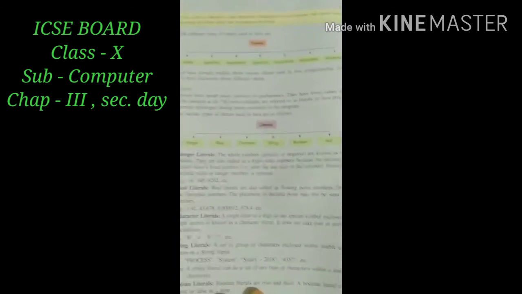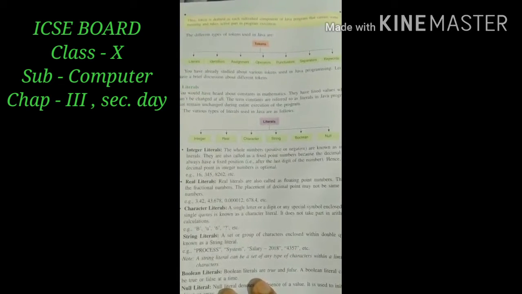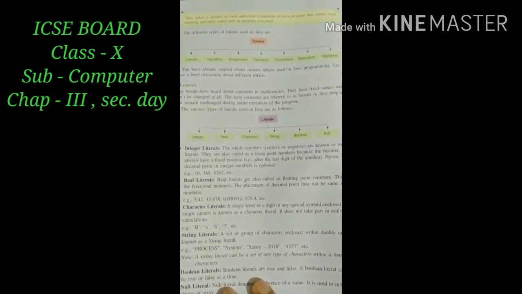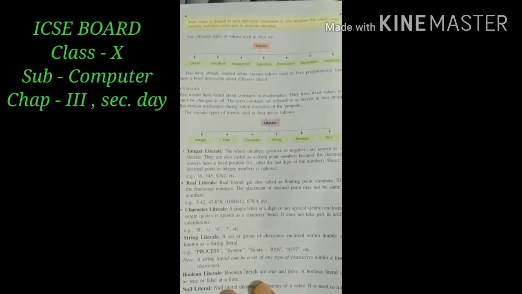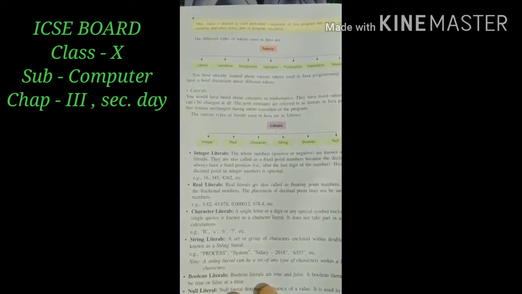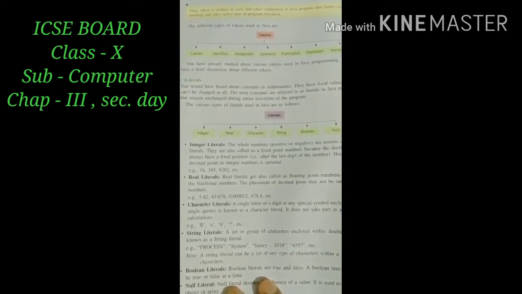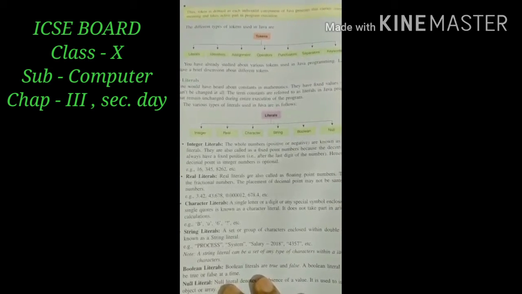First of all, integer literals: the whole number, either negative or positive. Any number without a fractional part is called an integer, like 16, 345, etc., are examples of integers.